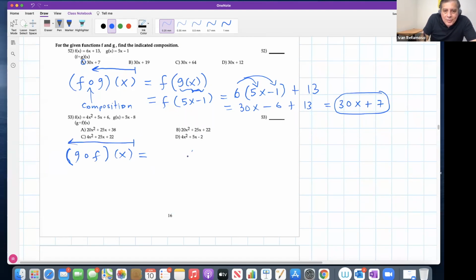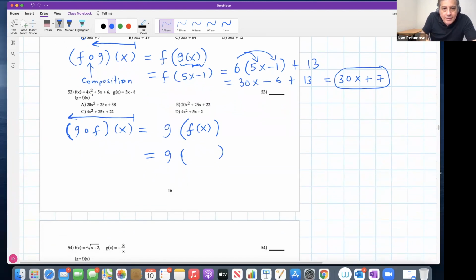The one that appears first is f of x, right? Get that done, and the result, put it into g. But what is the f function here? The f function here is just this guy, 4x squared plus 5x plus 6. This must be evaluated in the g function here.